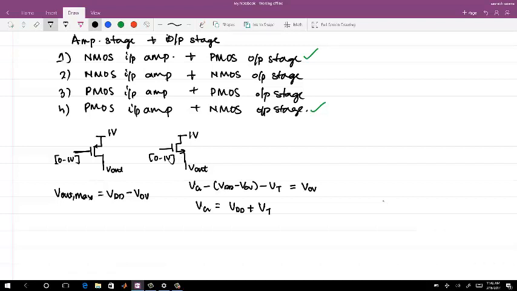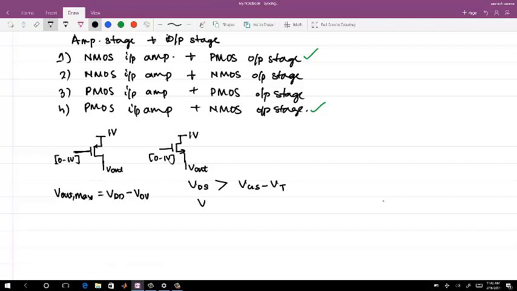This is VG, this one is VS, to keep it in saturation. The condition is that VDS should be greater than VGS minus VT.